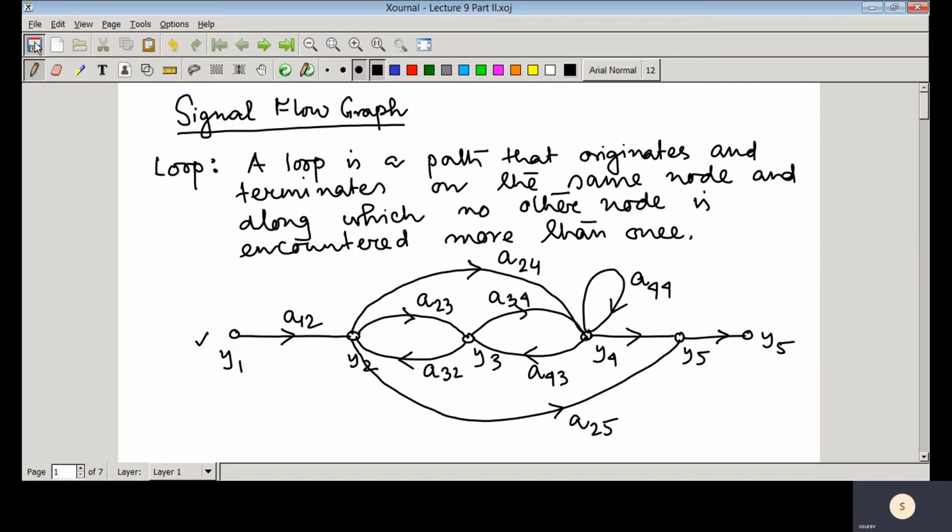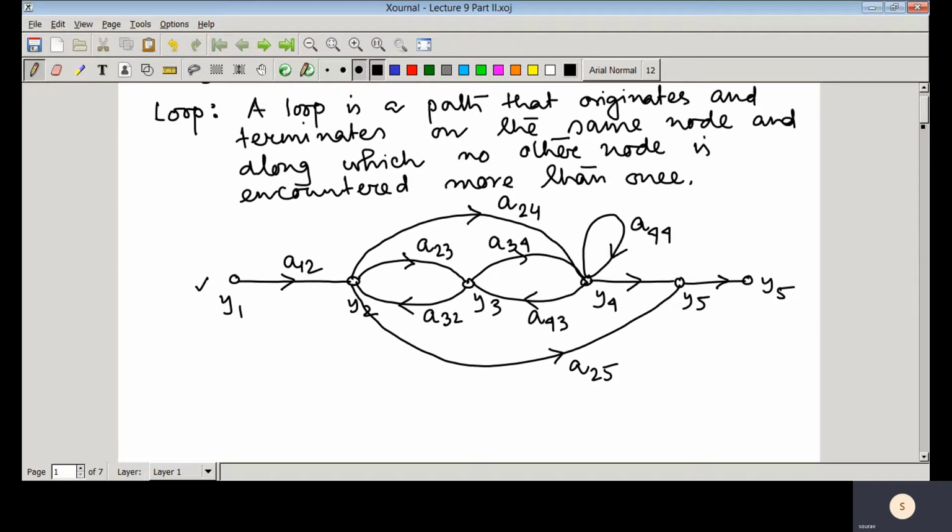Now let us see how many loops are here. One loop is y2, y3 and y2.